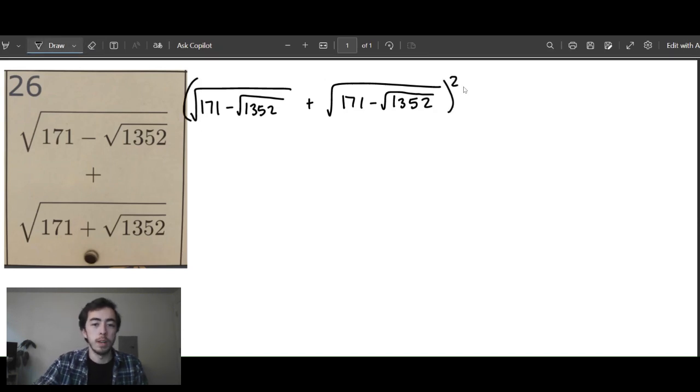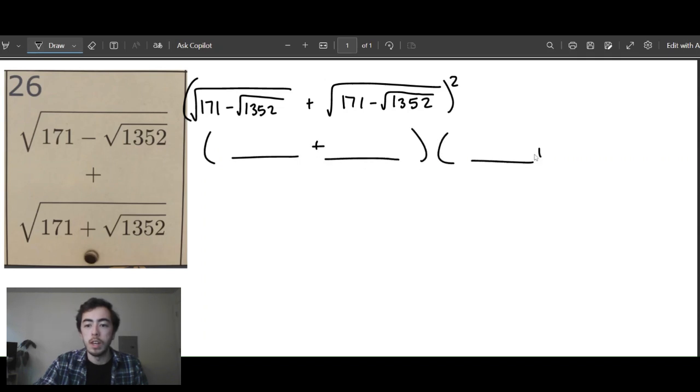Squaring just means multiplying it by itself. So if I square it, I'll have a binomial times another binomial. And when you do this multiplication, you have to be really careful not to just square the first and square the second. You do have to distribute all of the terms amongst themselves.